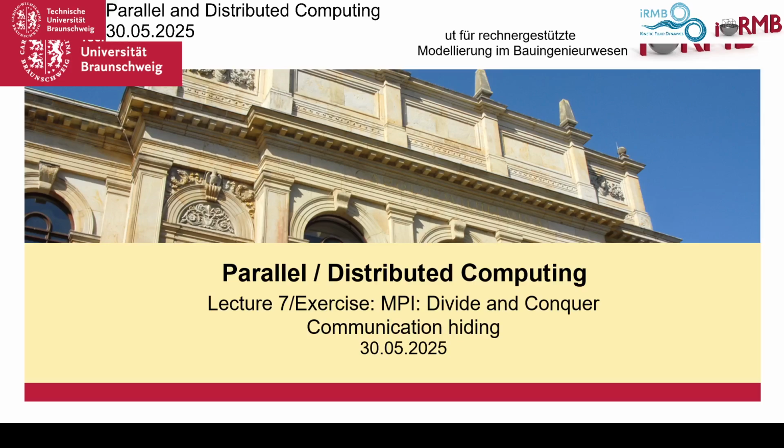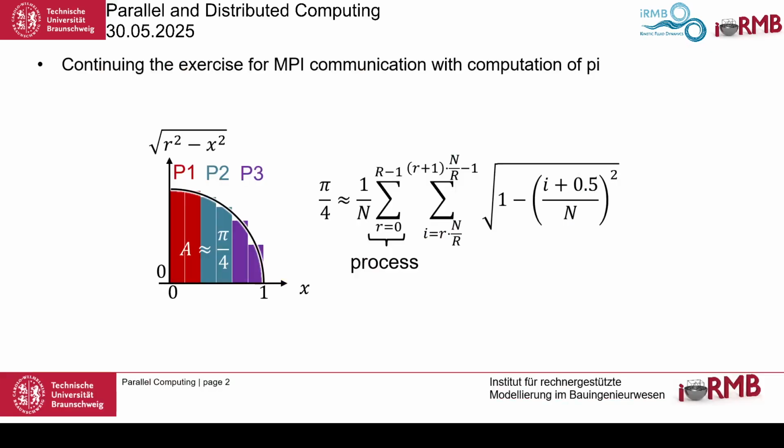we talked about, okay, we had this example of calculating pi, where we used the area of a quarter of a circle, that is a quarter of pi times the radius squared.